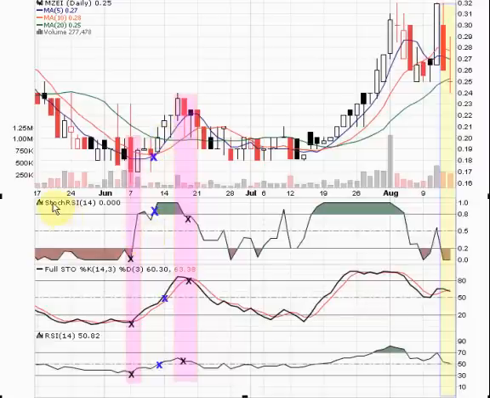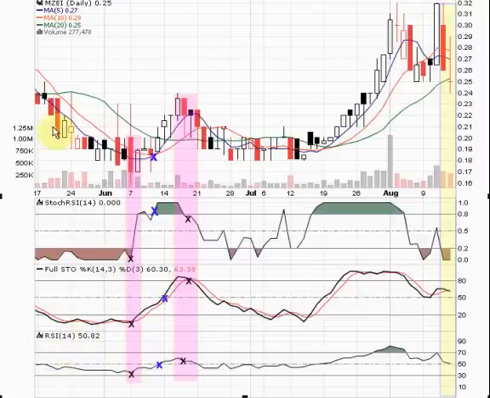Now, how the StochRSI determines when it should shift from one position to the other is seen in the full stow and the RSI. I'll give you a little history about the RSI. It is a momentum indicator. It is an oscillator. Basically what it determines is the percentage of gains versus the percentage of losses within the price change.